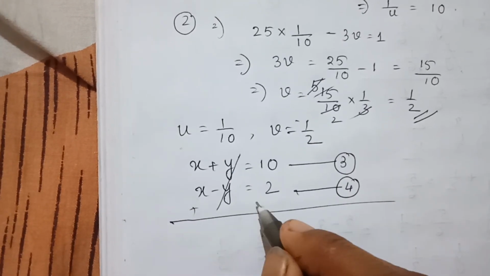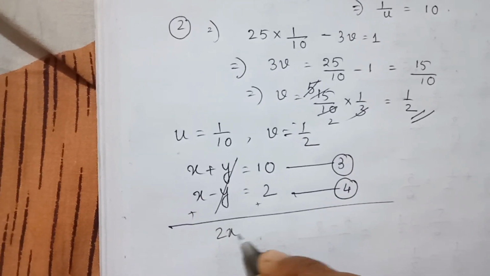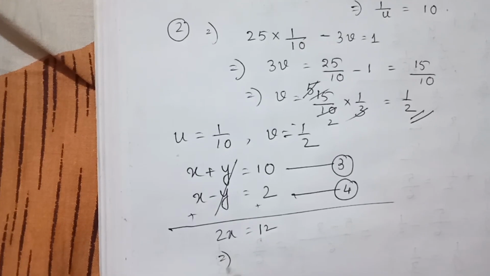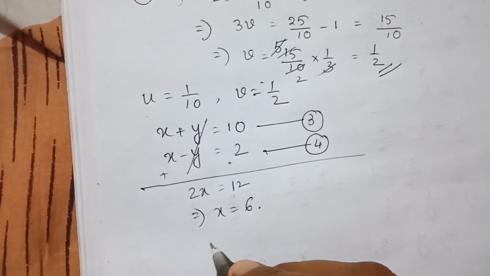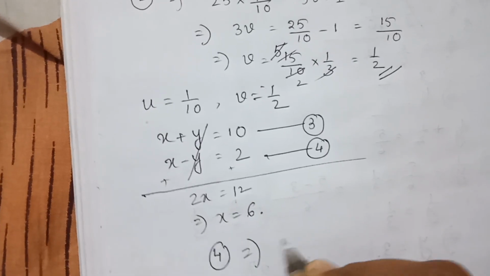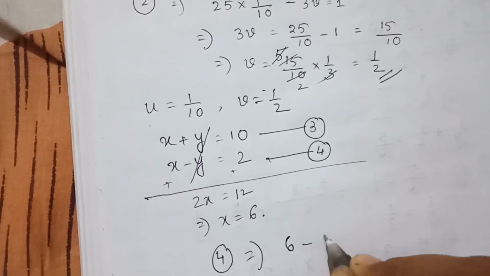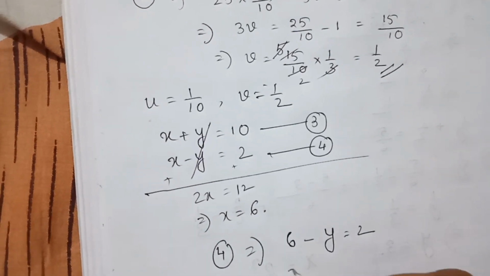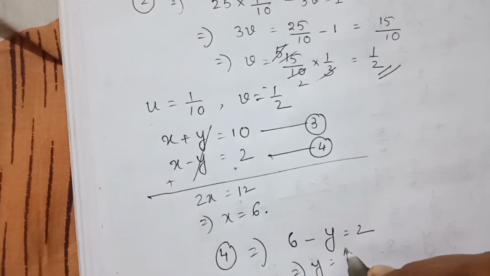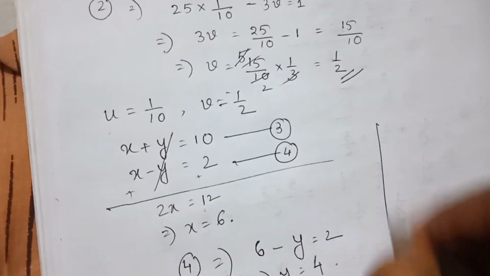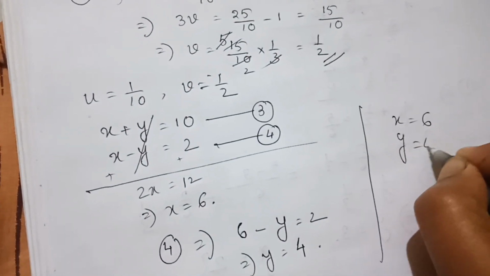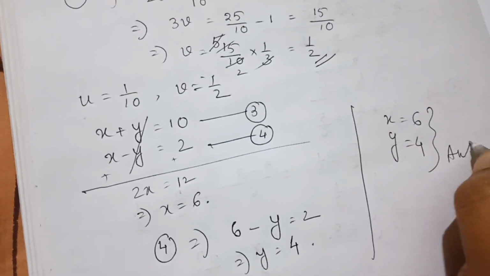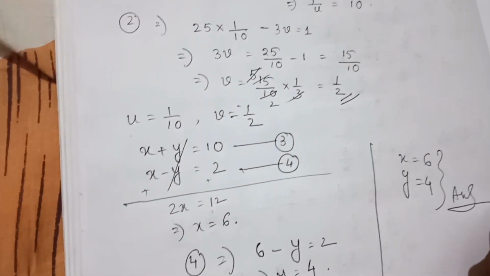We are getting plus plus, so 2x equals 12. That means x equals 6, and we are putting it in 4, x equals 6, 6 minus y equals 2, so y equals 4. That means we have got x equals 6 and y equals 4 as answers.